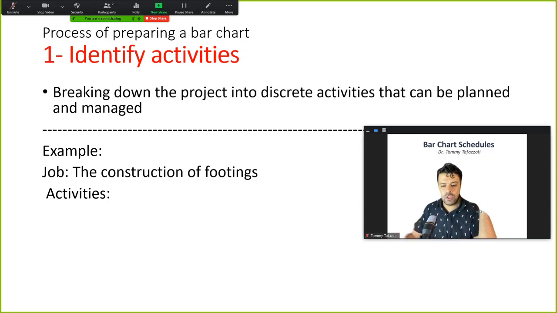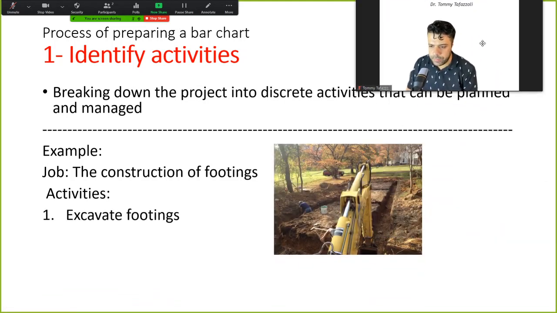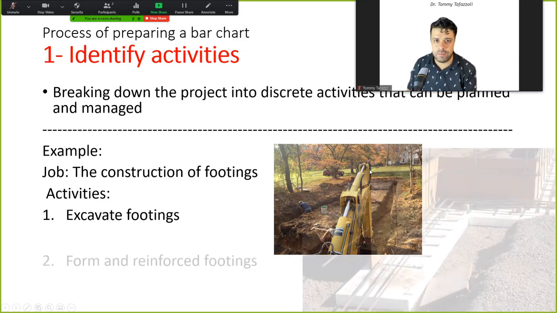So this is the second level of breaking a project into smaller pieces of work. For example, the construction of footing could be one item in the work breakdown structure. Now, to get that done, the first thing a scheduler does would be breaking it into some activities. Those activities could be: number one, excavate the footings.